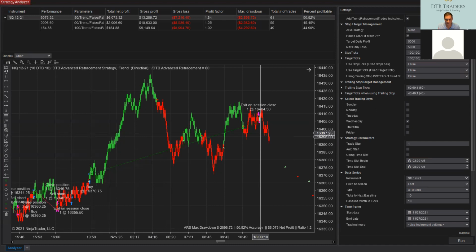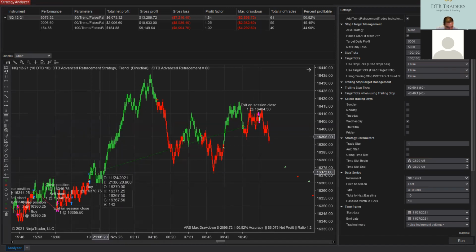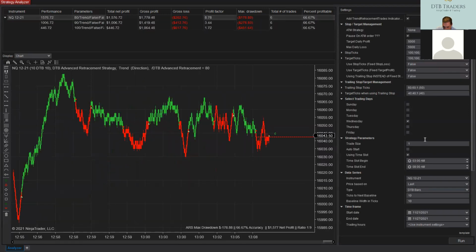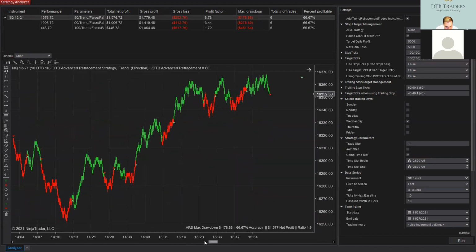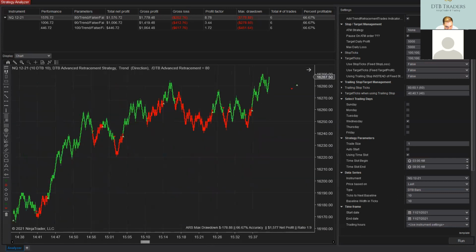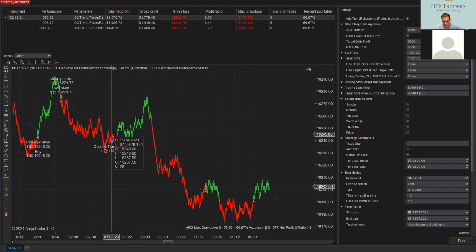Get in the habit of using specific trading hours, so this type of thing could never happen, where you've got trades entering on a specific day where you want them to enter, but you also want to make sure that you are within the trading times that you have selected. So in that case, it will enter and exit, and it will exit at the end of your specific trading hours.